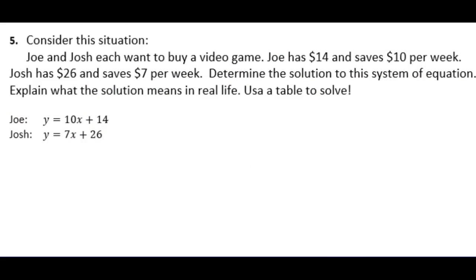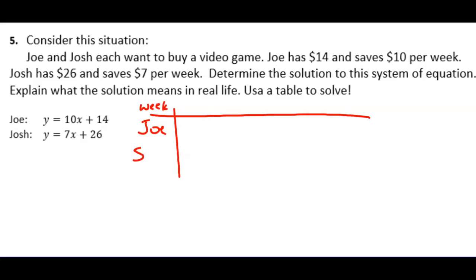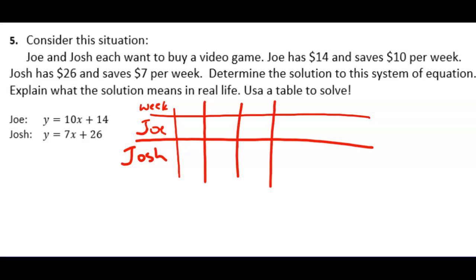Another way that you could solve that is by doing a table. If we set up a table here, this being our week, this being Joe, and this being Josh, we've got number of weeks, and we're going to look at how many weeks it's going to take for these two to be the same.